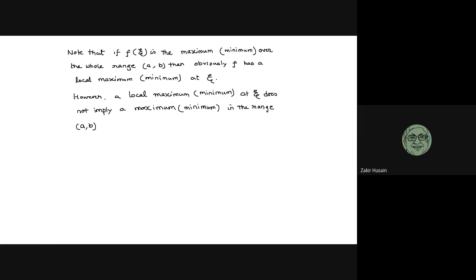Okay. So if f(psi) is the maximum, we can jointly call the maximum or minimum as extremum points. These are the two extreme points. So if f as a function of psi is the extremum over the whole range a to b, then obviously f has a local maximum or minimum at psi.